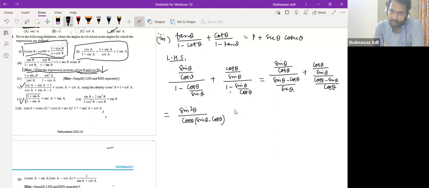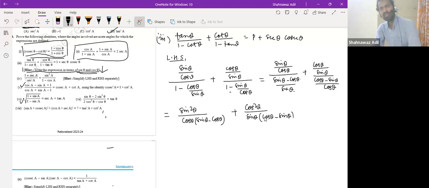And the other one would be cos square theta divided by sine theta into cos theta minus sine theta. Again, we reached where Faz was in the previous question. So now we have to simplify this.